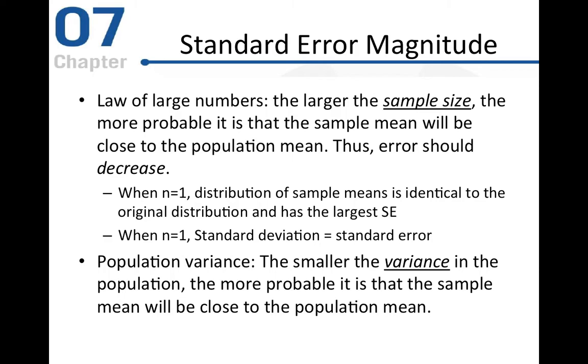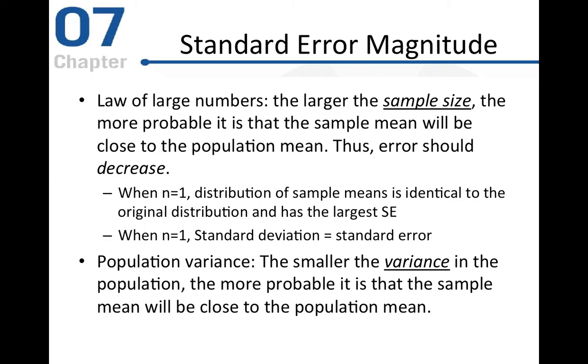You also need to remember as population variance decreases, standard error decreases. They have a parallel relationship. One decreases, the other one decreases. One increases, the other one increases.